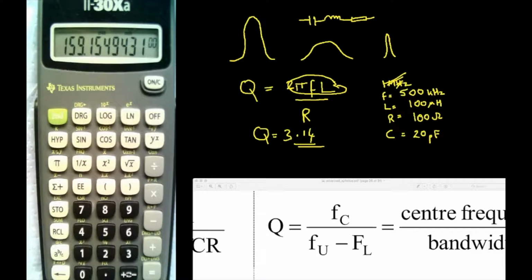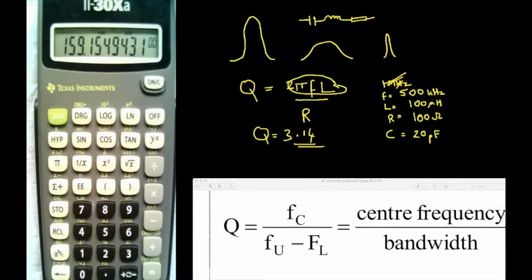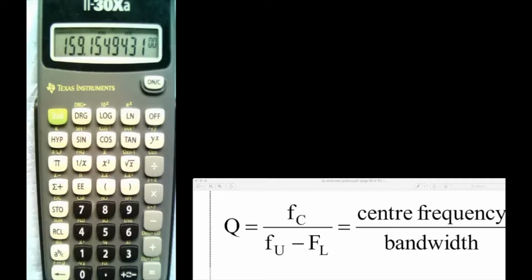This would be looking at the bandwidth at the 3 dB points, and evaluating what the Q was by another method. So this is, if you like, knowing the component values or the equivalent values, and this next one is by looking at the curve.